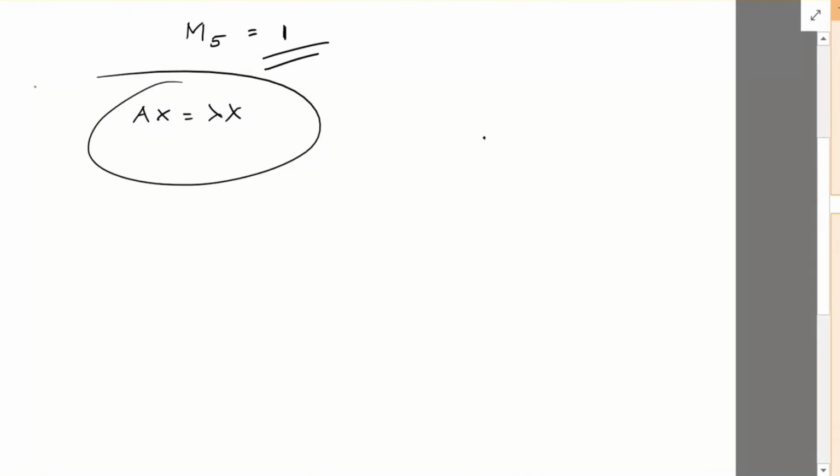So this is the equation actually, Ax equal to lambda x. This can be written as Ax minus lambda x equal to 0. Both the equations are the same. If you take x outside, x is a common factor. So this can be written as A minus lambda into the identity matrix.